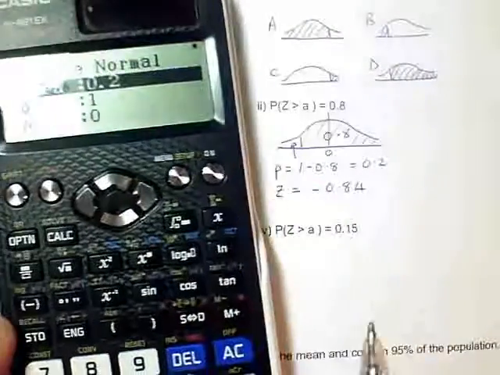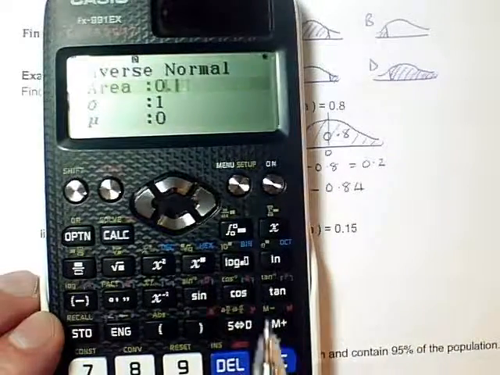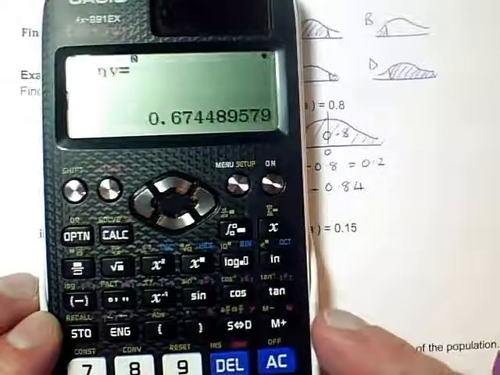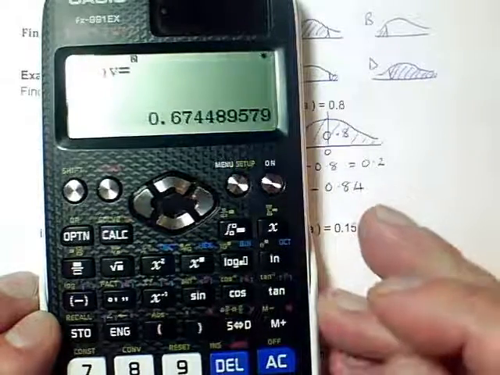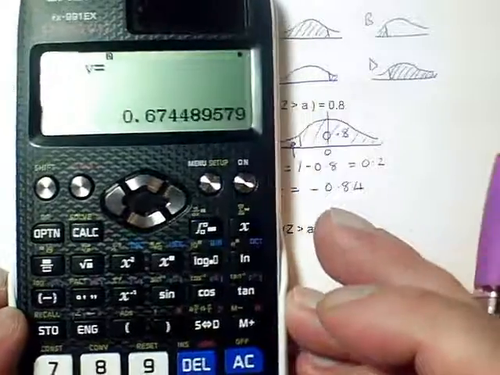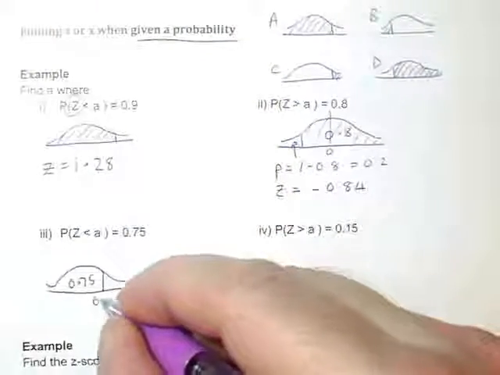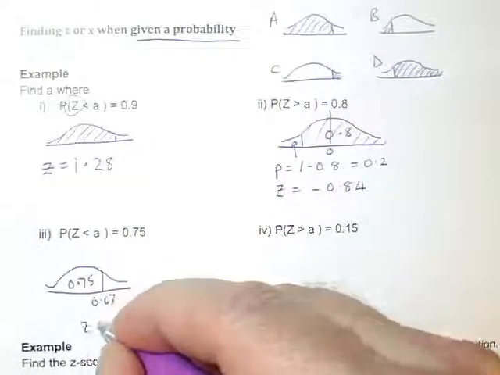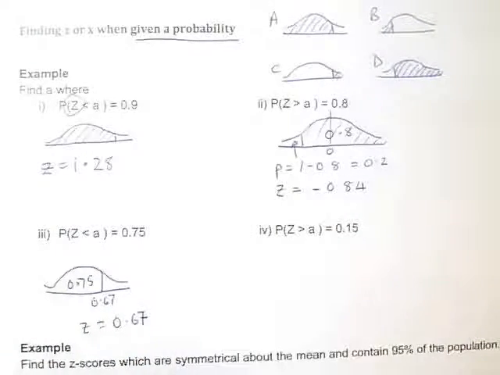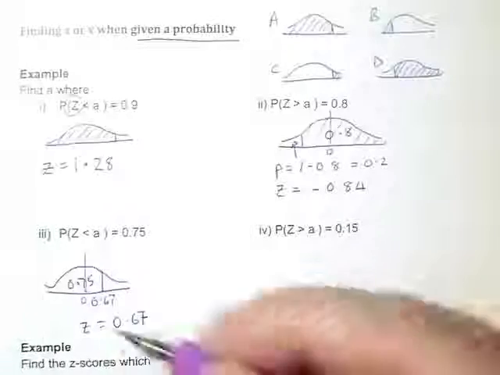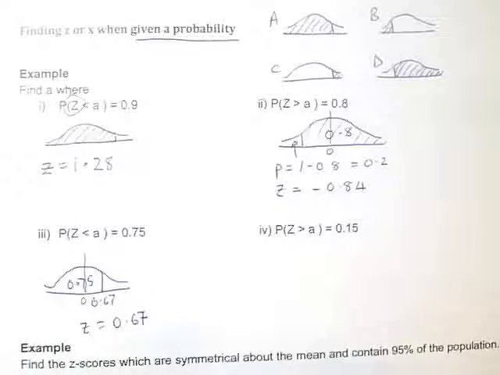Enter an area of 0.75. Press equals a couple of times, and then it gives me a z value of 0.674. So that's just 0.67. So z equals 0.67. That is bigger than the middle, which is where z is 0, so that makes sense.